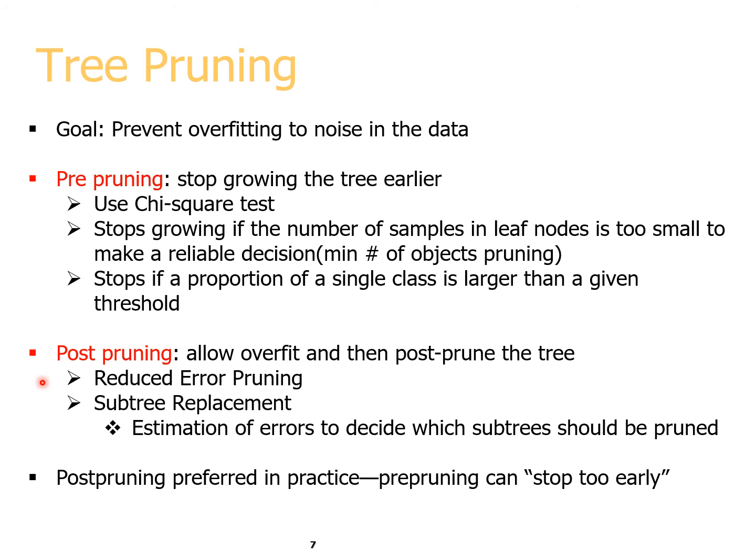If the performance of the pruned decision tree is better than the original one, using validation data, then you go ahead and cut the branch. That's how it works in reduced error pruning. And you repeat this process for every branch of the original decision tree. That's the basic idea of reduced error pruning.